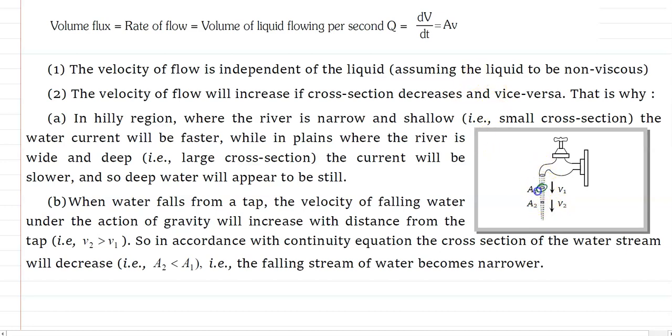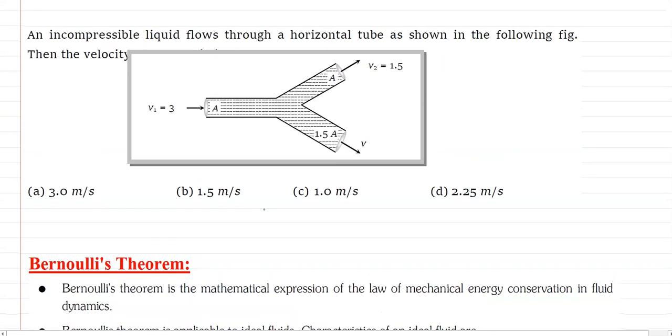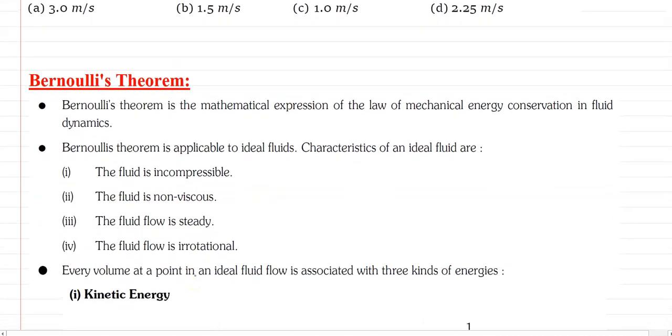If this point has cross-section area A1 and this point has cross-section area A2, then the velocity at this point is V1 and the velocity at this point is V2. Then V1 A1 will equal V2 A2. Here is a problem. You can see this is a very easy problem. You can solve it easily. Okay.